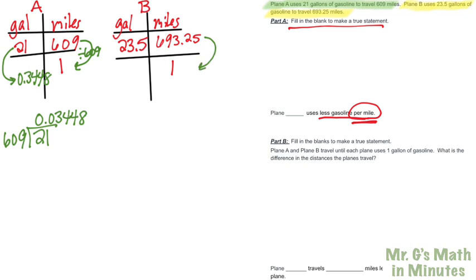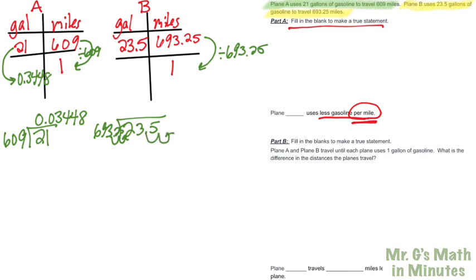We're doing the same thing on this side. To get this number down to 1, we need to divide by 693.25. So doing the same problem, we're doing 23.5 divided by 693.25. Have to move that decimal twice and move this decimal twice.